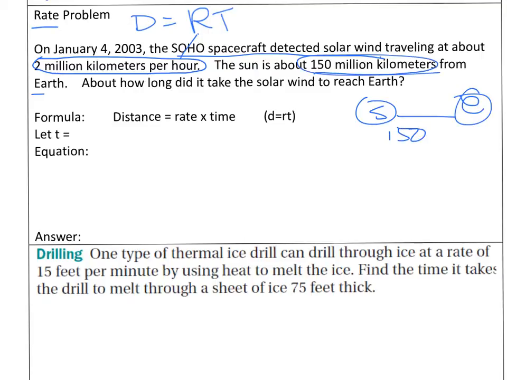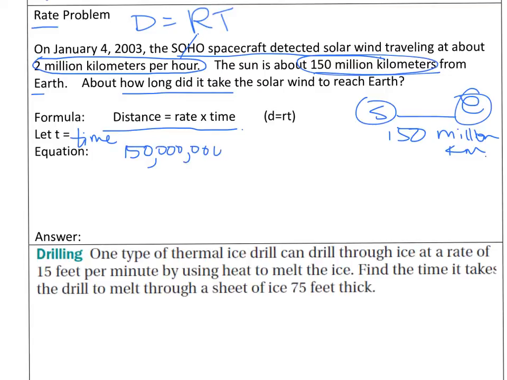150 million km. About how long did it take the solar wind to reach Earth? So again, distance equals rate times time, and we're looking for the time. So let t equal the time. Distance, which is 150 million. We can sub that in. So there's 6 zeros after 150.